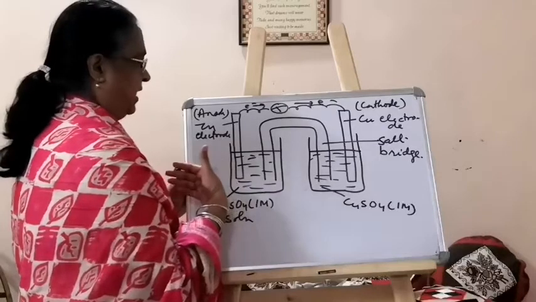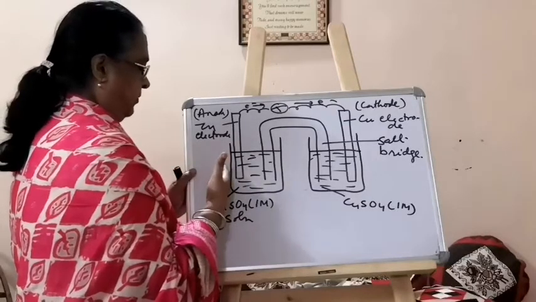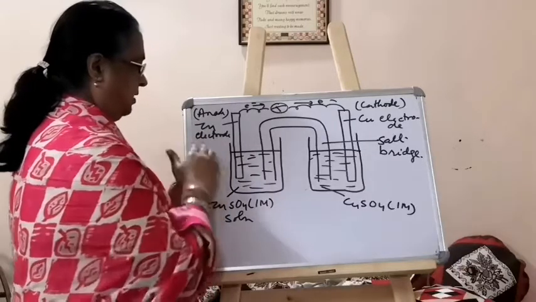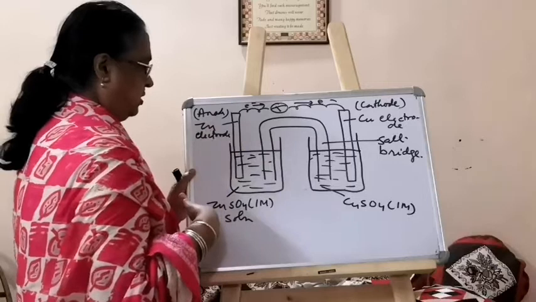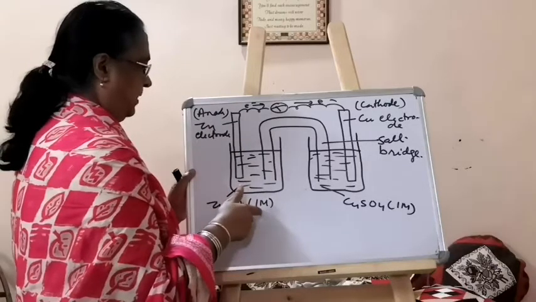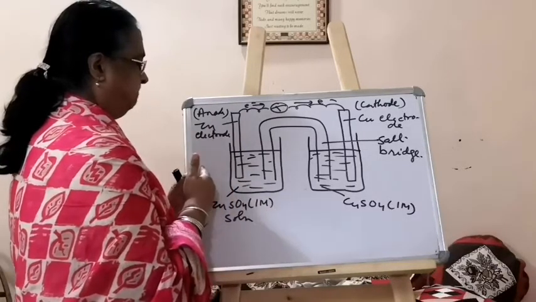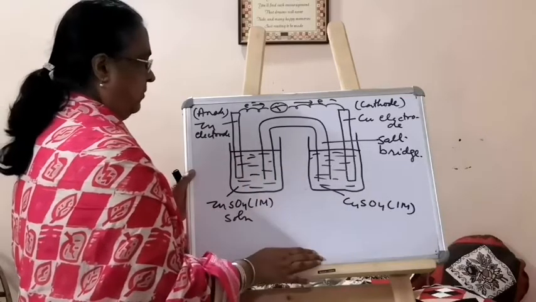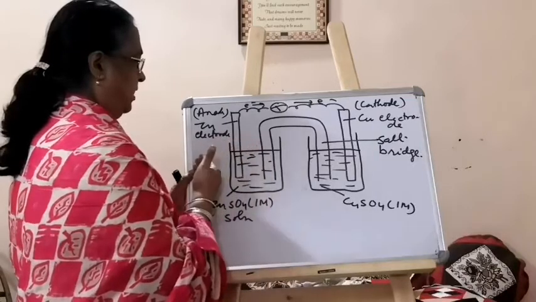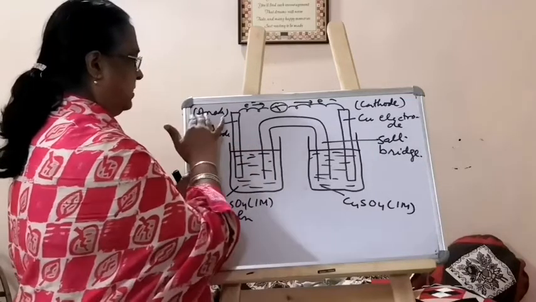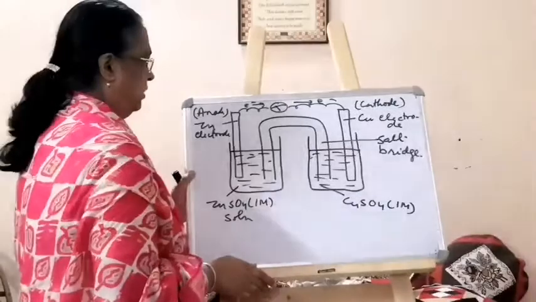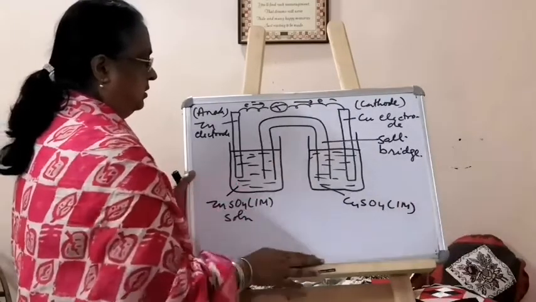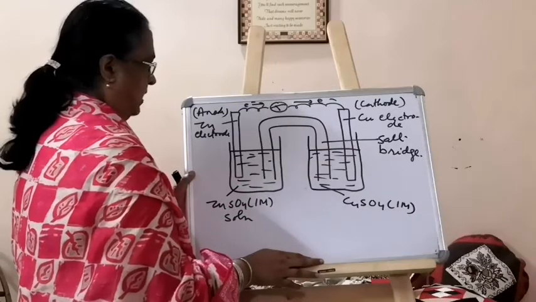The left side cell consists of an electrode, which is a metal, and a salt solution having concentration 1 molar. On the left side we take the more reactive metal, and on the right hand side we take the less reactive metal. The more reactive metal provides the electrode with the nature of an anode, and the less reactive metal acts as a cathode.